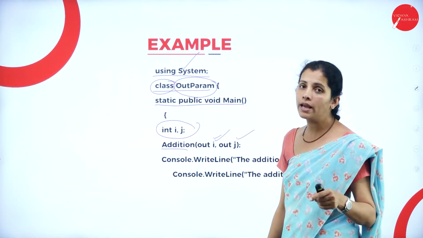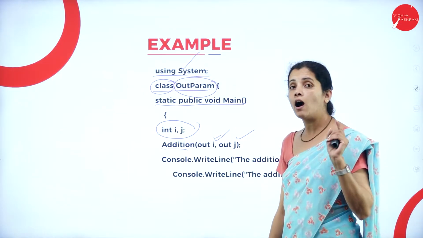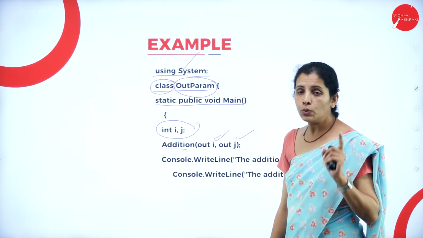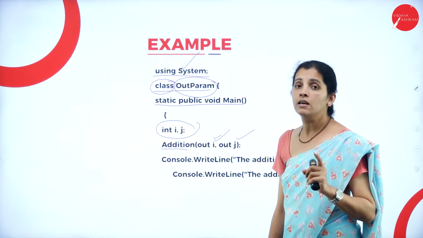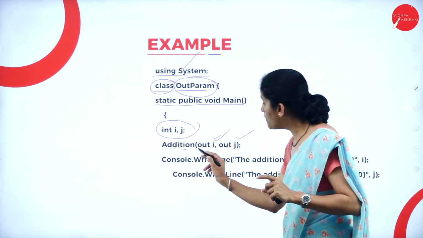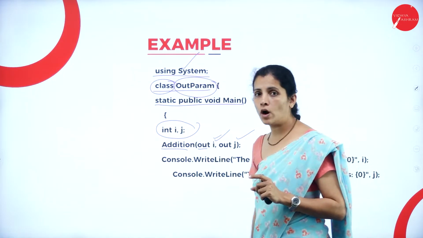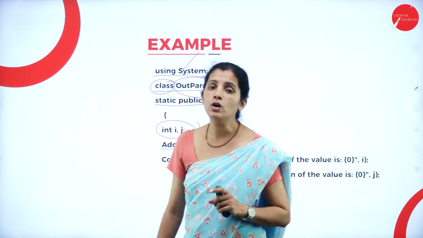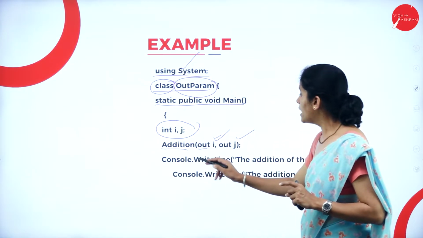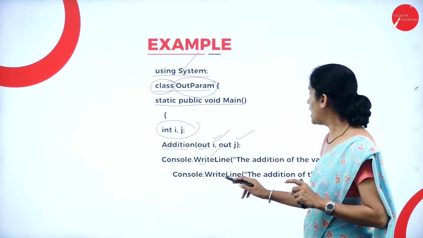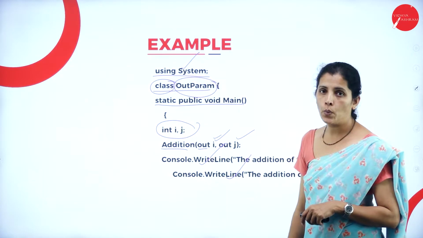And what type of variable? It's nothing but the output variable. To indicate that it is a reference type, I'm going to use the keyword out. At the same time, I'm going to display the i value and the j value.